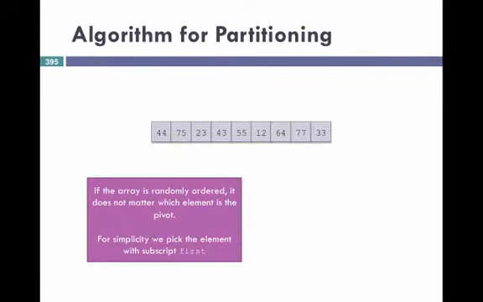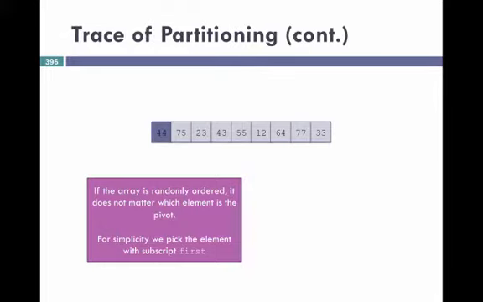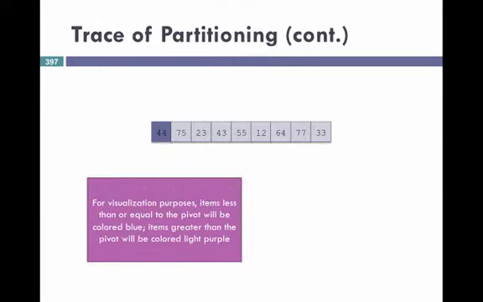So here's an algorithm for partitioning. If the array is randomly ordered, it doesn't matter which element is the pivot, so we pick the first element. In this case, 44. Now for visualization purposes, items less than or equal to the pivot will be colored blue. Items greater will be colored a light purple. So again, the blue items are less than 44.